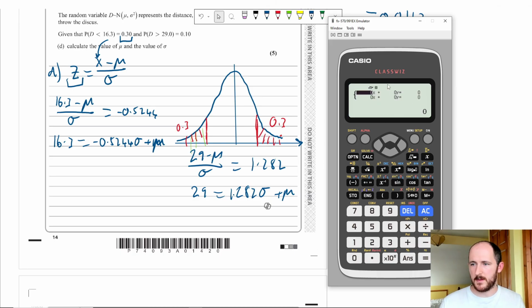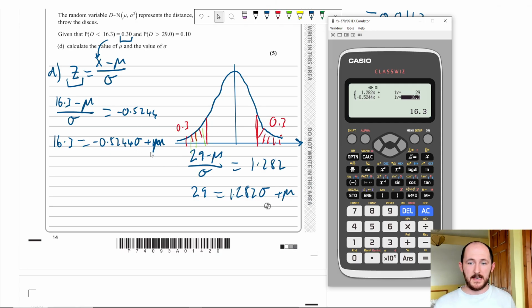Let's call sigma x, so 1.282, and negative 0.5244, 1, and 16.3. So as long as you have it in that format, you can always just work it out on a calculator. Again, you don't have to show yourself working out the simultaneous equation in stats unless it says solutions based entirely on a calculator are not accepted.